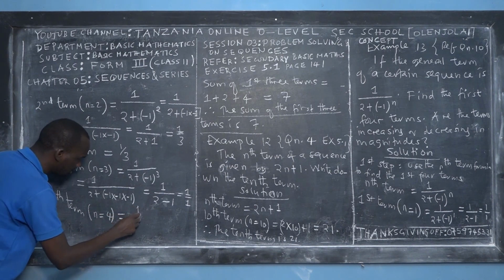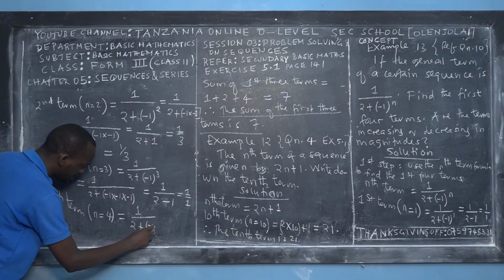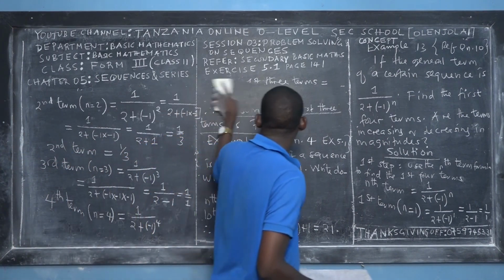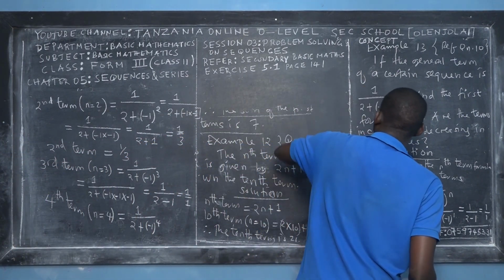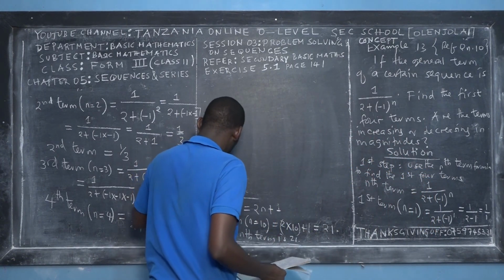So this is 1, and here we have 2 plus what? Negative 1 power 4. So how do you clarify this? Look. So the clarification of the first term will be like this.